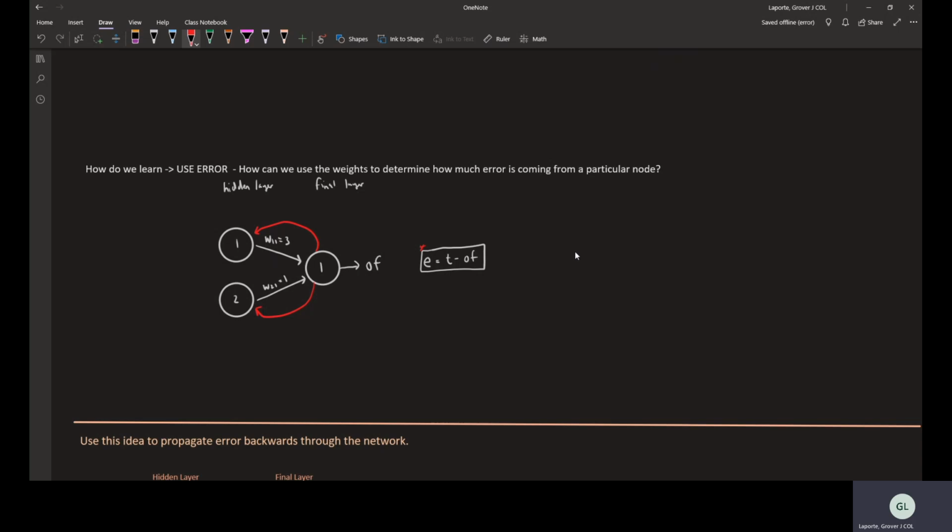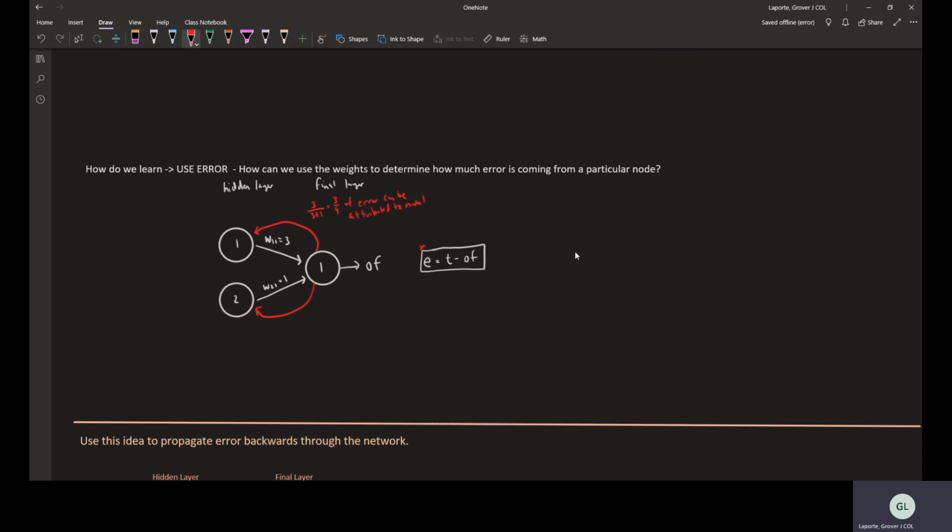And all we do is use a simple proportionality. If this weight is 3 and the weight on node 2 is 1, then 3 over 3 plus 1 means 3/4 of the error can be attributed to node 1.